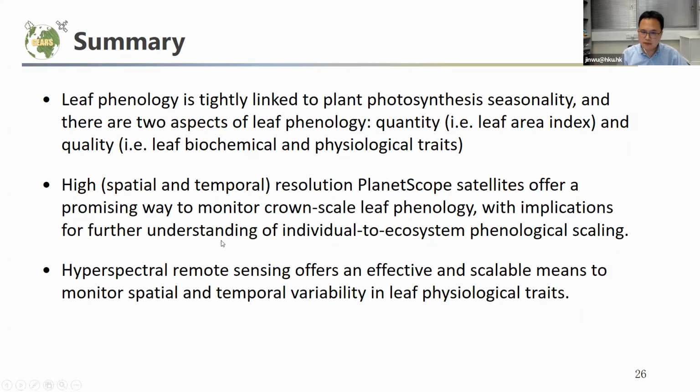This is also quite important for understanding the individual-to-ecosystem phenological scaling process. Hyperspectral remote sensing, or vegetation spectroscopy, can also offer a really effective and scalable means to monitor spatial and temporal variability in leaf physiological traits.